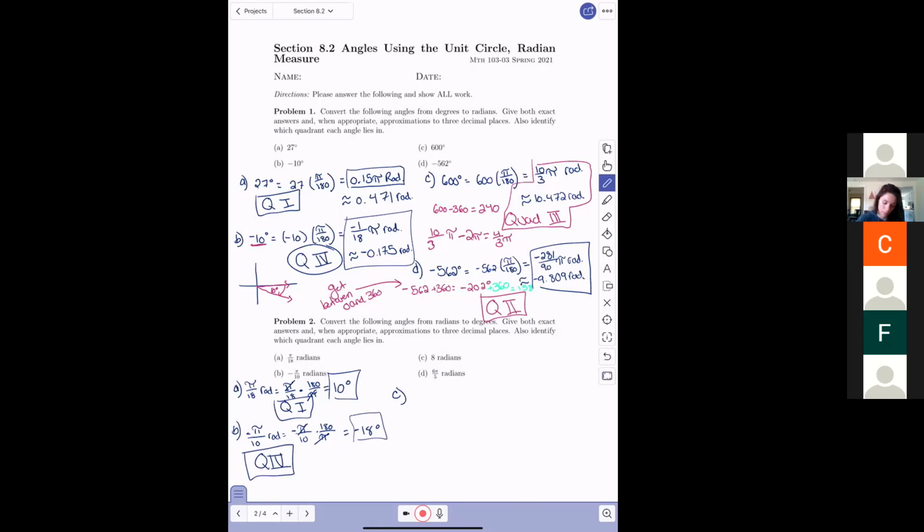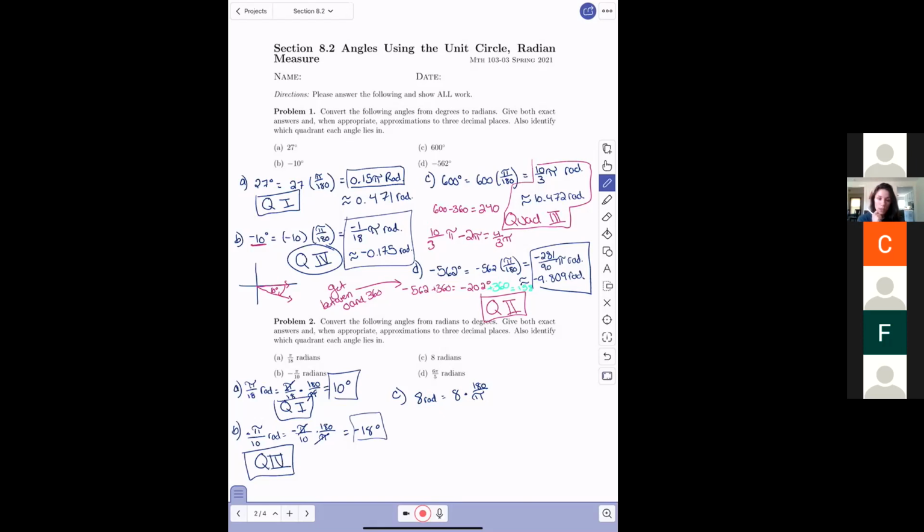Okay, next we have 8 radians is equal to 8 times 180 over pi. Radians don't have to have a pi in them. It's most common for them to, but they don't have to. Remember, 1 radian is just where the arc on the unit circle is equal to 1.